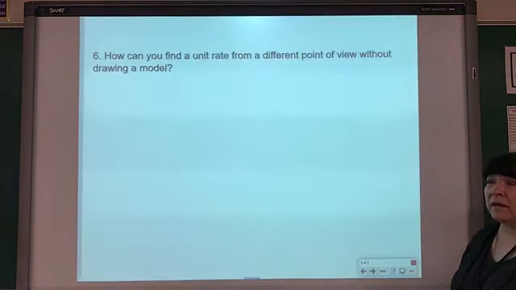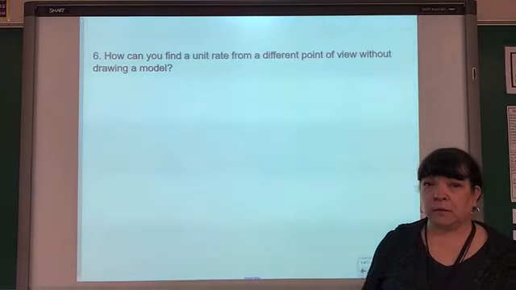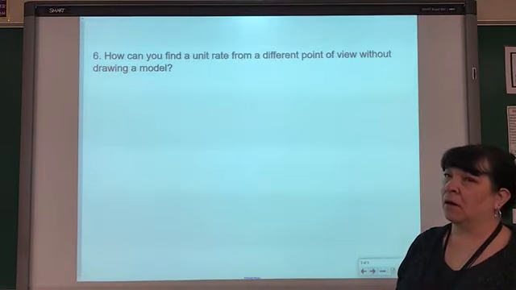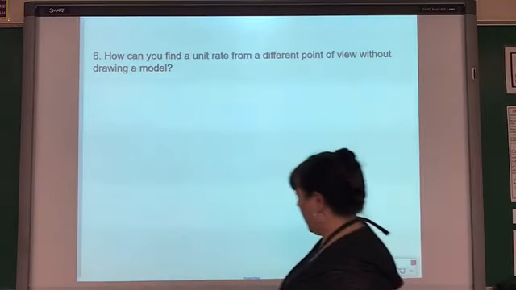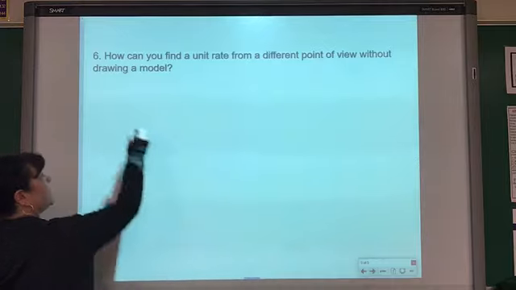We have just one last question. It says, how can you find a unit rate from a different point of view without drawing a model? What did I just point out? Oh yeah, if you have a unit rate, this is a neat thing.